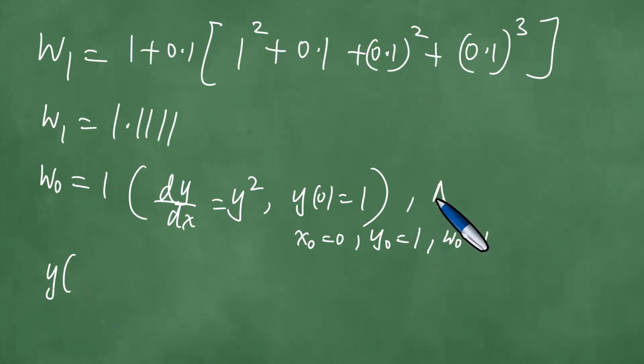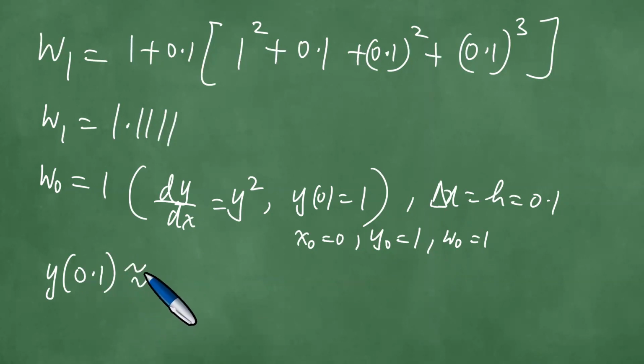But remember that h, which is given in the question, is 0.1. And so it means that this one is y at 0.1, which is approximately 1.1.